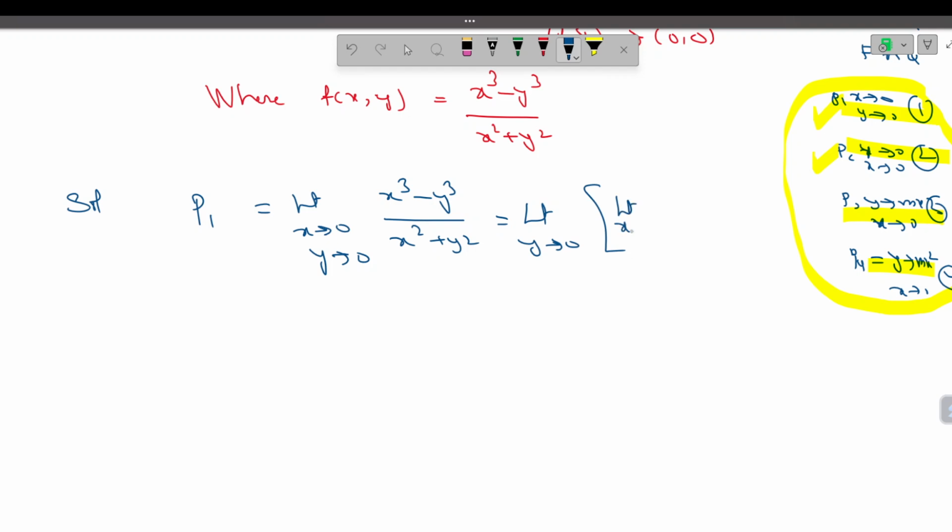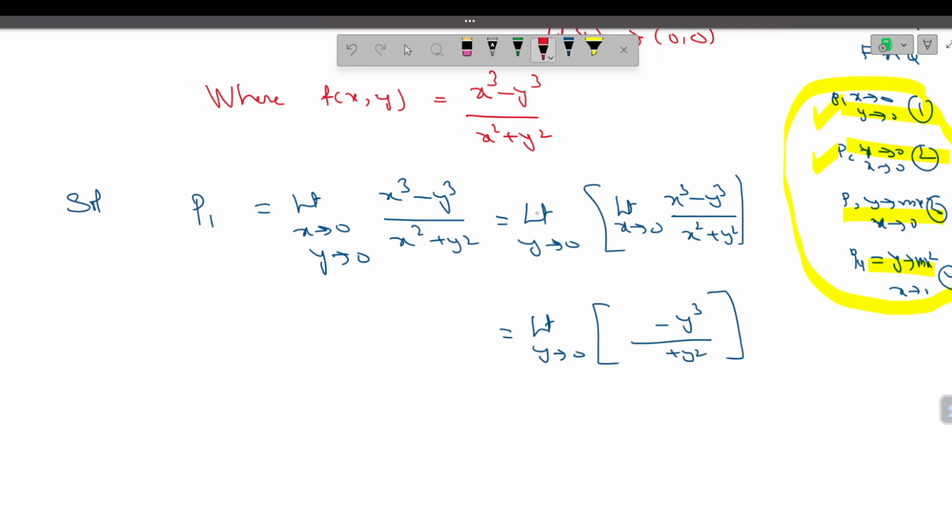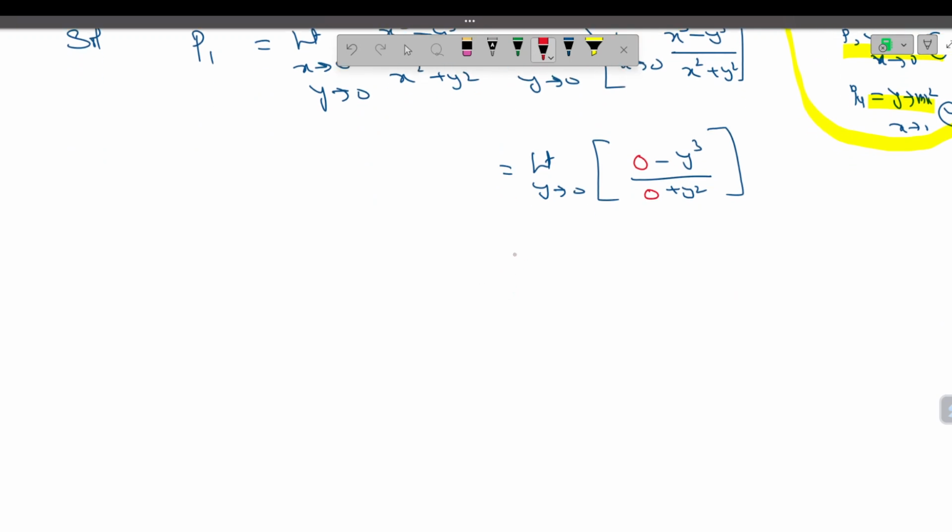Now take the limit x tends to 0: in the numerator 0 cube is 0, and in the denominator 0 square is 0. So we are left with the limit y tends to 0 of minus y cube by y square, which is minus y. Applying the limit y tends to 0, it is 0. So P1 is 0.